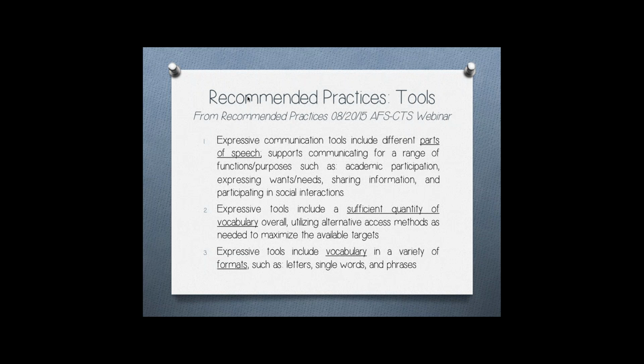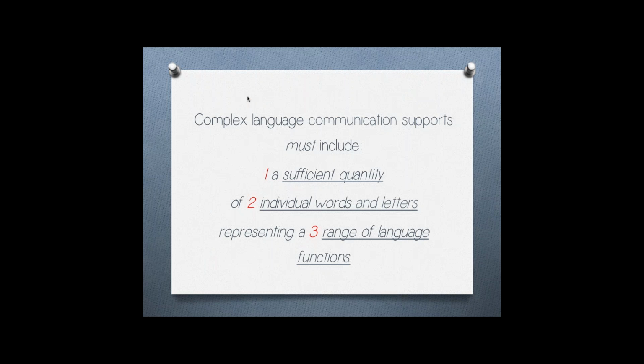What I'll do, which I did last time, was to translate that into one simple sentence. So if you want to know if your app or program measures up, it should fit this statement. A complex language communication support must include a sufficient quantity of individual words and letters representing a range of language functions.